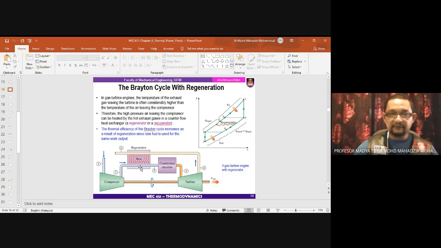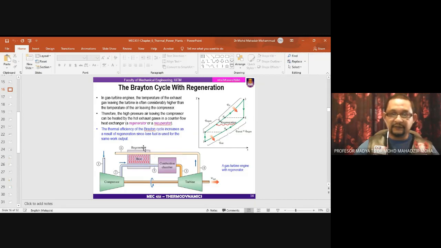So from here, what happens? Heat has been transferred to the cool air, and this results in regeneration, since less fuel is used for the same work output.